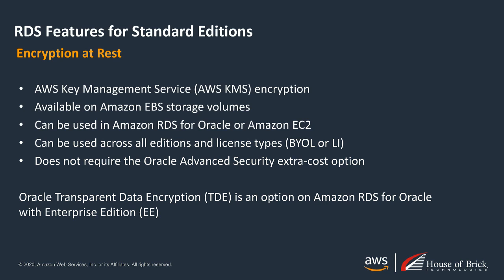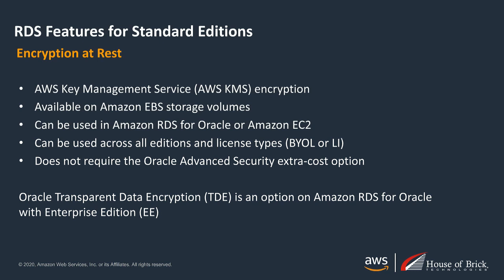The next area that people talk about needing is security. AWS provides KMS, our key management service, which provides encryption at rest. It's available on your EBS storage volumes, which are the things that RDS leverages, but you can also run them by running Oracle on EC2.